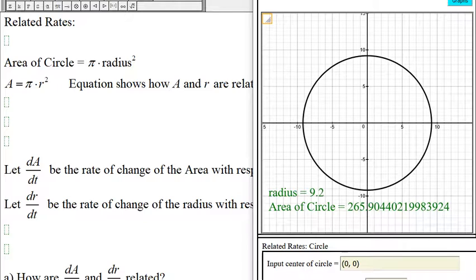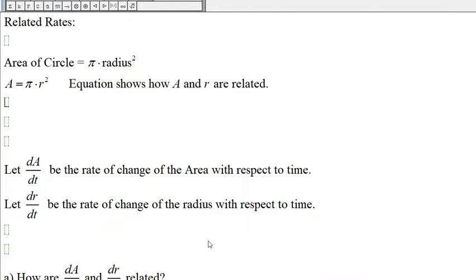Notice that the radius changes with respect to time, and the area also changes with respect to time. So let the rate of change of the area with respect to time be dA/dt.